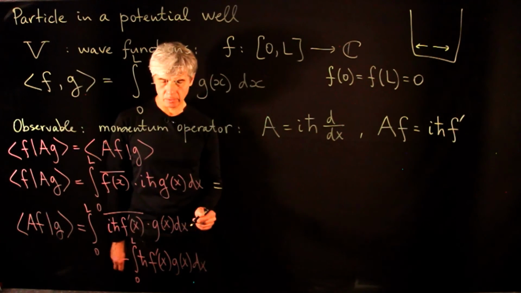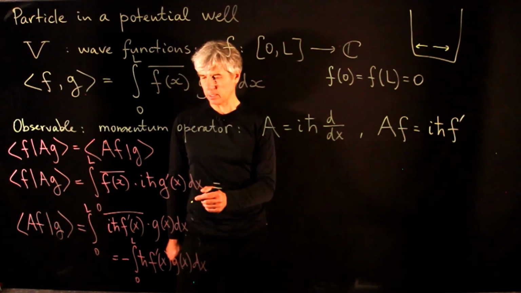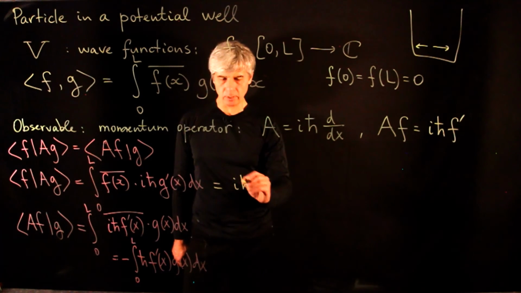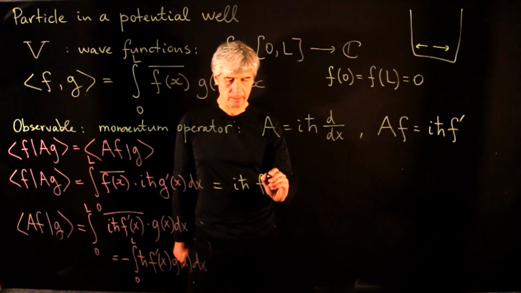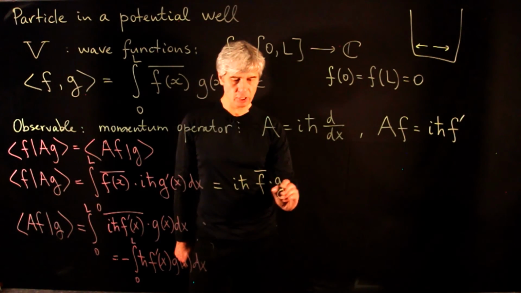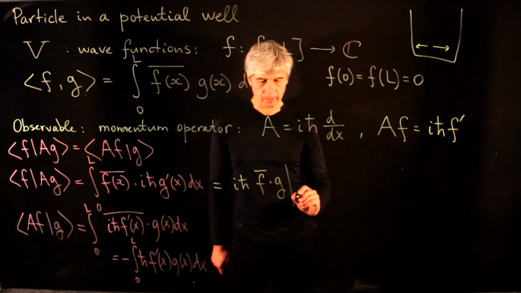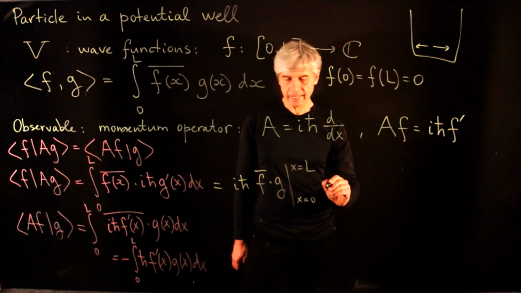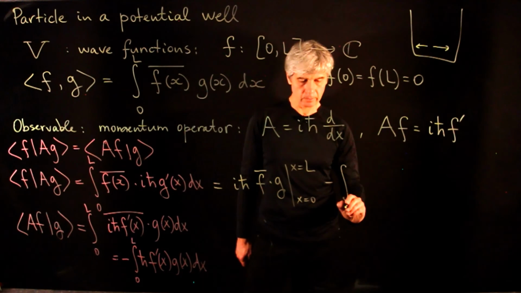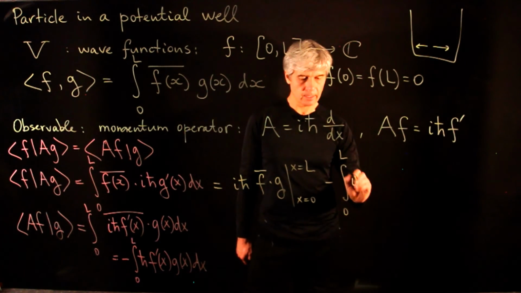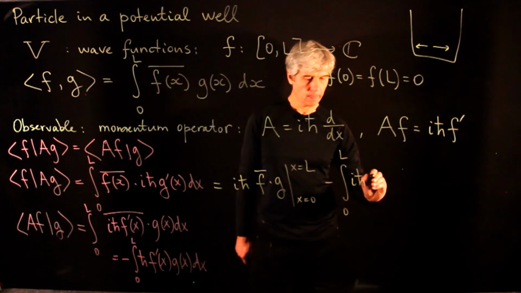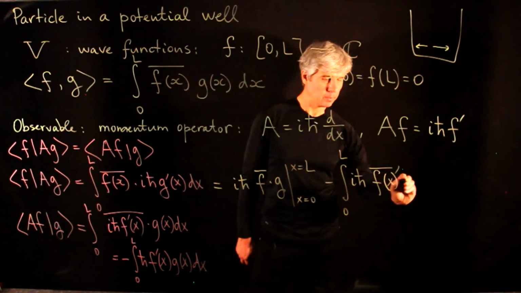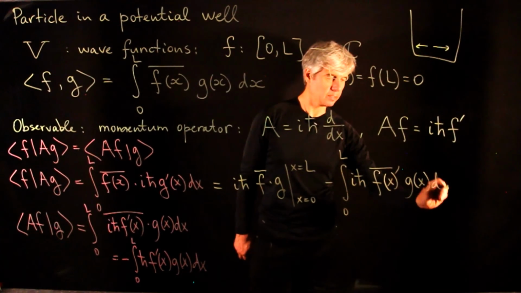If we integrate by parts, this is going to be i h f bar times g taken between x equals 0 and x equals L, and then minus the integral from 0 to L of i h f bar prime times g of x dx.